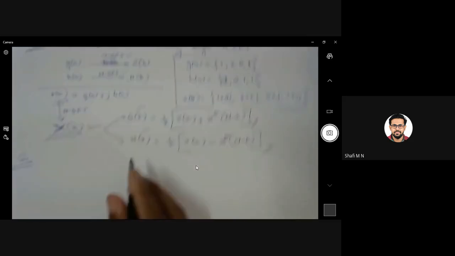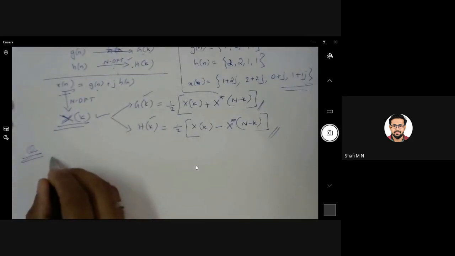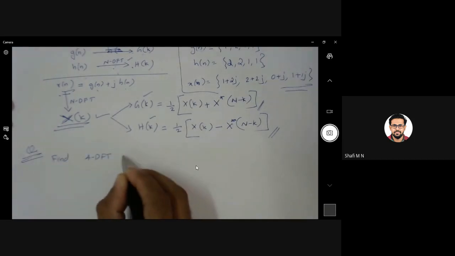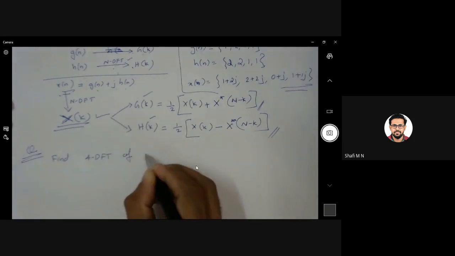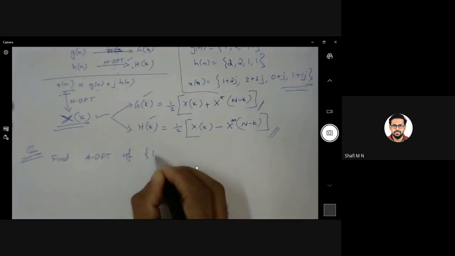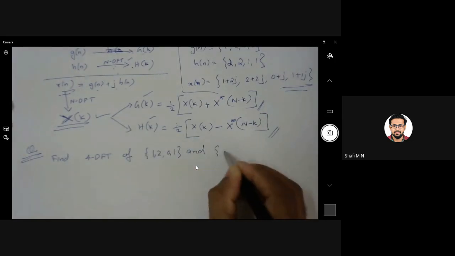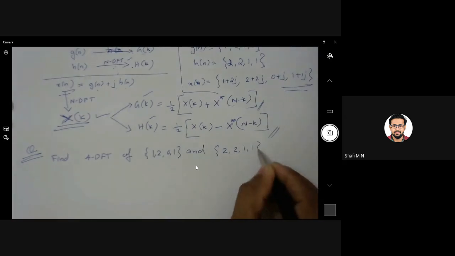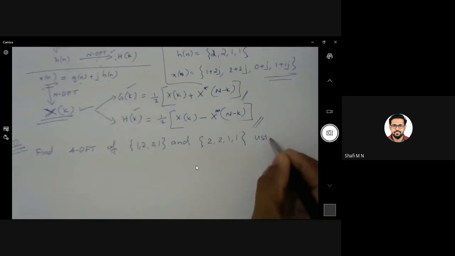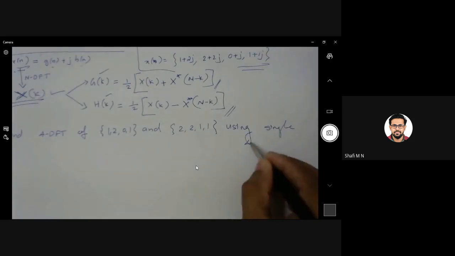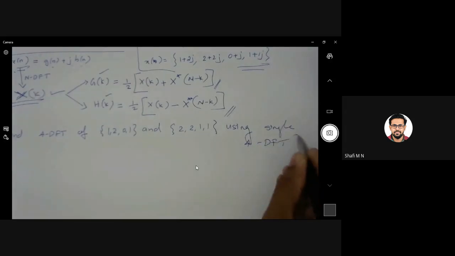So you have to find the 4-point DFT of, this is your question, find the 4-point DFT of say 1201 and 2211 using single 4-point DFT. That's your question.